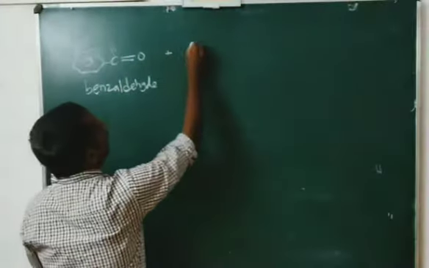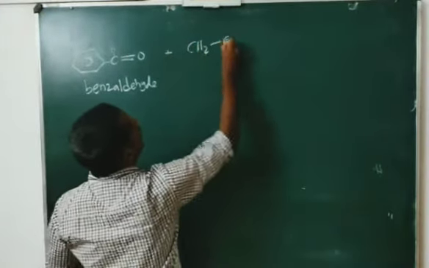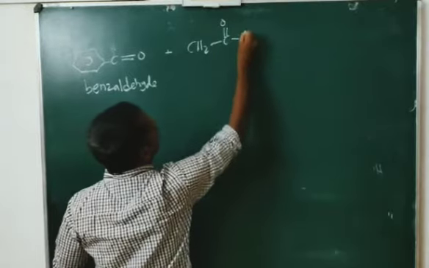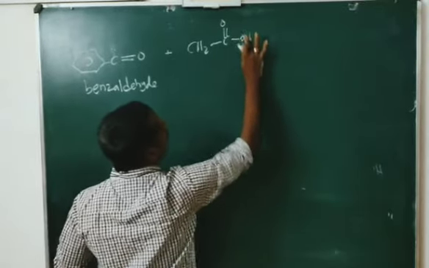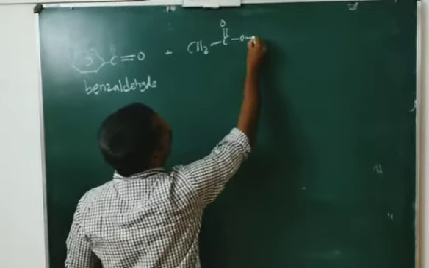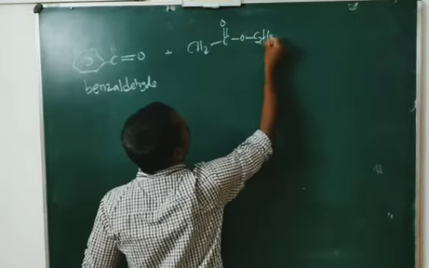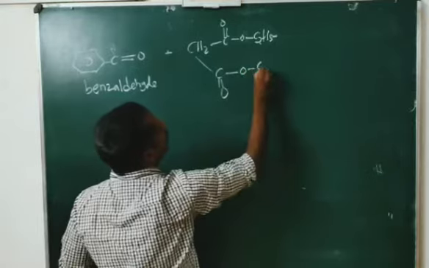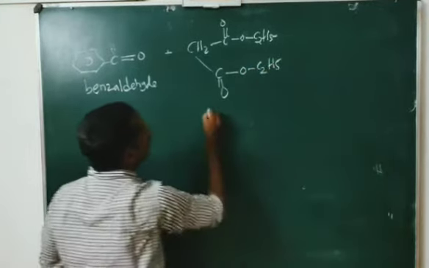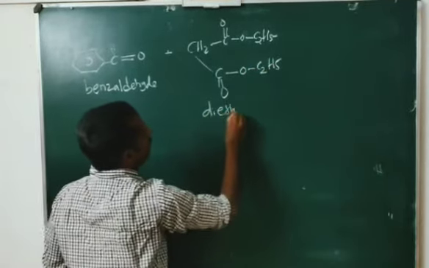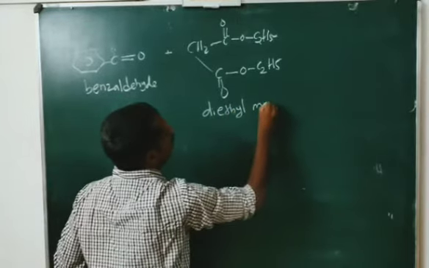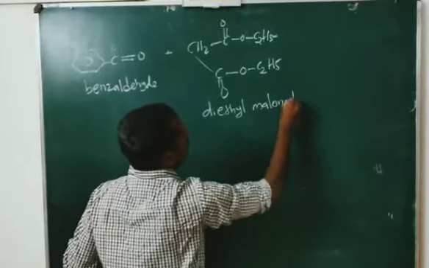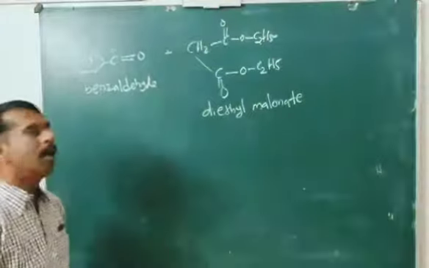So what is malonic acid? CH2, C double bond OH. This is malonic acid. Its ester with ethanol: here it will become C2H5, and here also C double bond O C2H5. This is diethyl malonate. This is an example for active methylene compound.